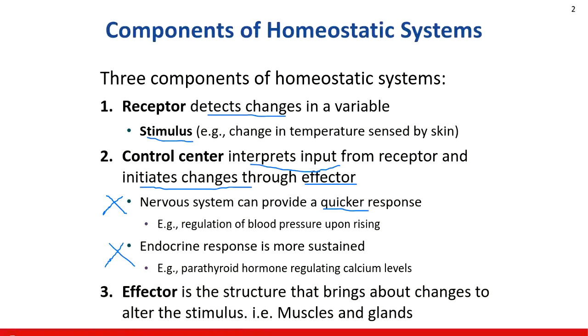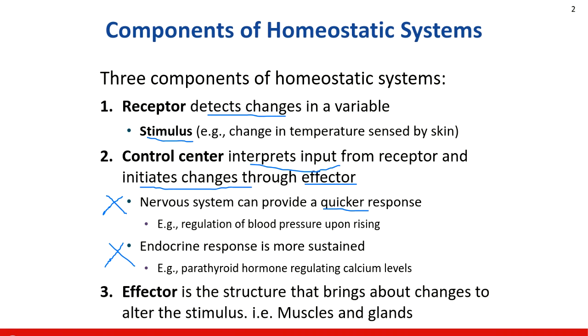The endocrine system is going to base a lot of its functionality on a chemical. So it uses chemicals to elicit its response, and sometimes it takes a little bit longer for those chemicals to be secreted from wherever they're coming from, and then they have to flow through our circulatory system and eventually get to their effector organs.